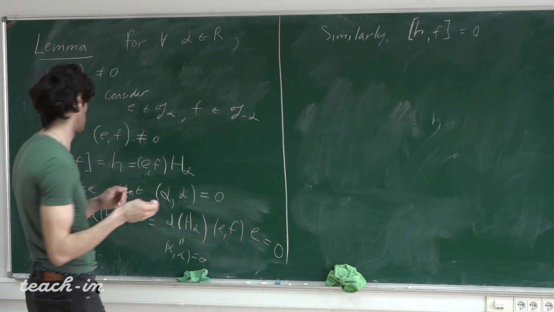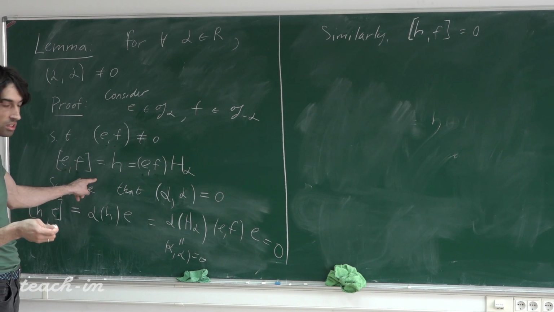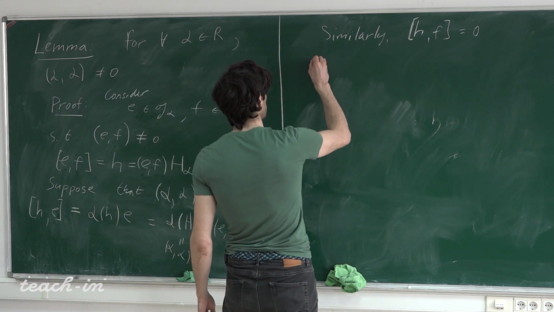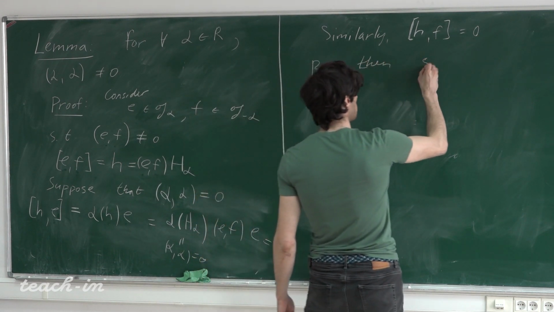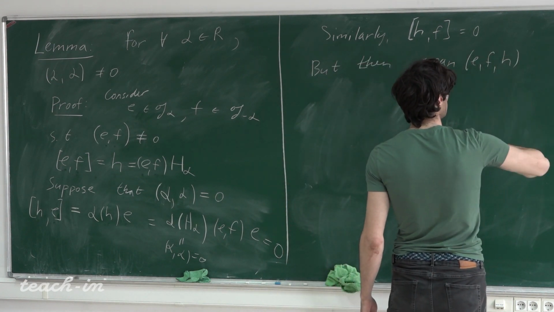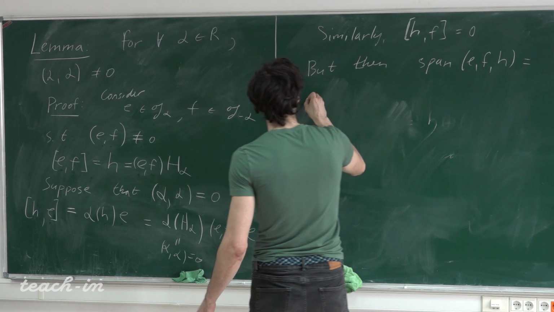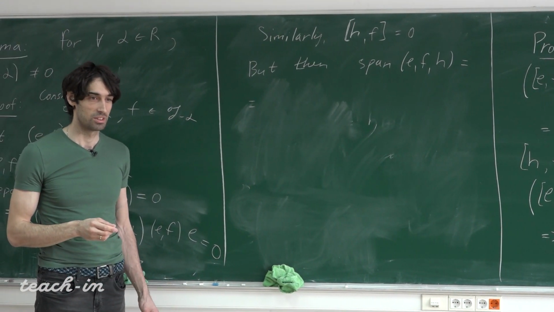So therefore, what do we get? Let us take the algebra spanned by E, F, and H. It is something familiar, right? How is it called?